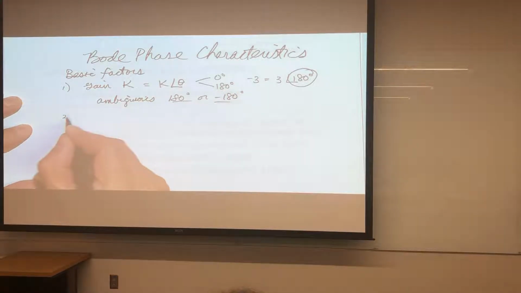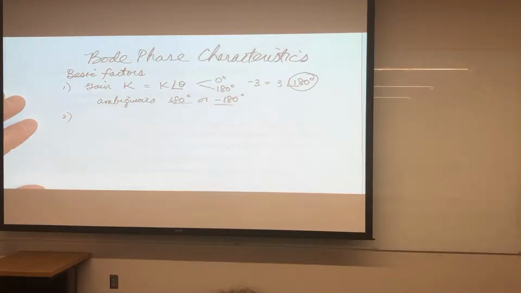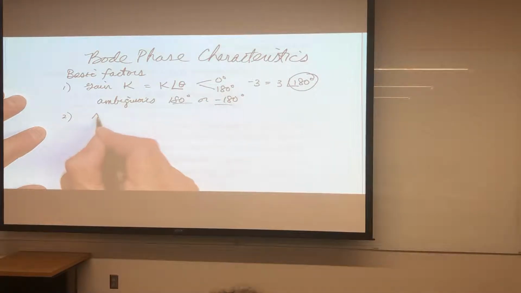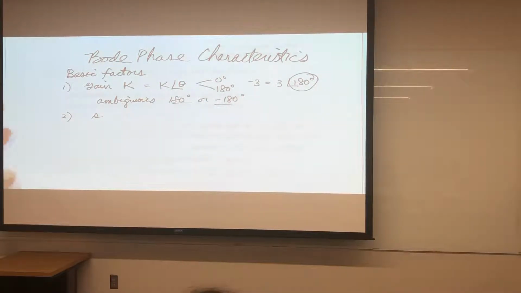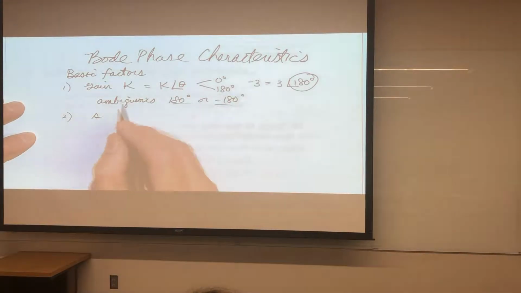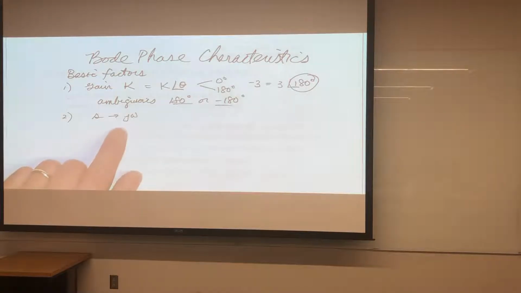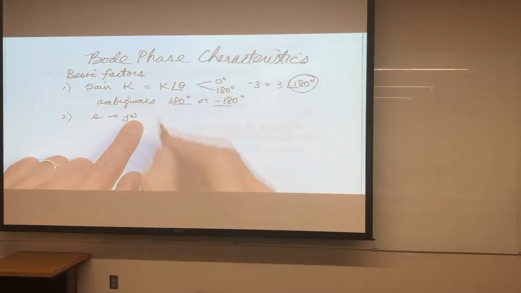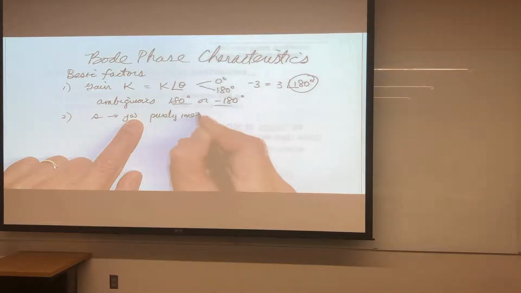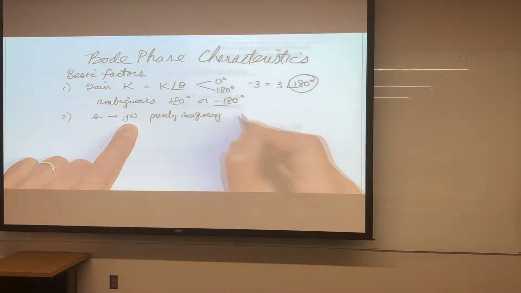The second type of factor is a term that looks like S, all by itself. Remember, S in the frequency response is just j omega. So this is a purely imaginary number. The phase of a purely imaginary complex number is just plus 90 degrees.